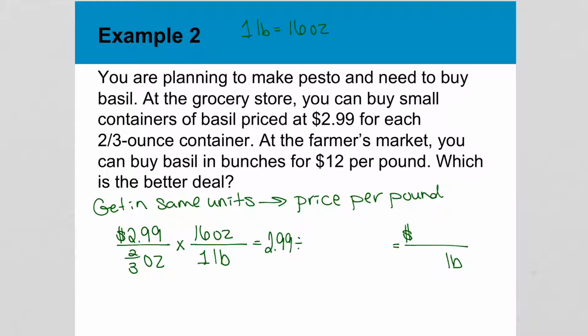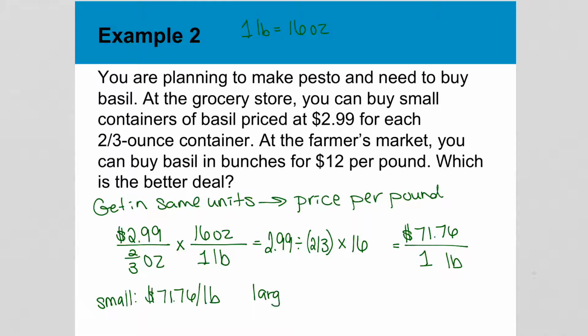You need to divide that by the fraction 2/3 and then multiply that by the 16 ounces. Okay? And it ends up with $71.76 per pound. So the small canister that you'll get at the grocery store would be equivalent to $71.76 per pound.